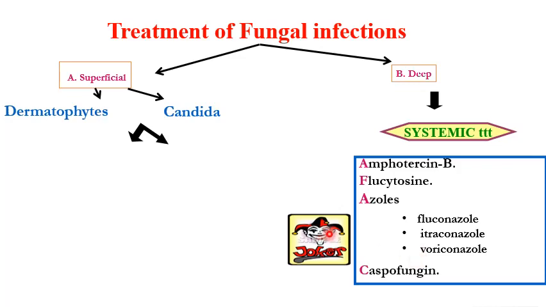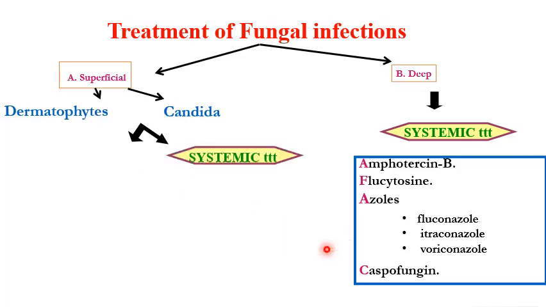In comparison, for azoles used topically, we can use the toxic azoles, as they will not be absorbed into the systemic circulation, so they can be used topically. So there are many different members of azoles used for treatment of superficial fungal infection. For treatment of superficial fungal infection, we can use either topical treatment, drugs applied locally on skin or mucous membrane.